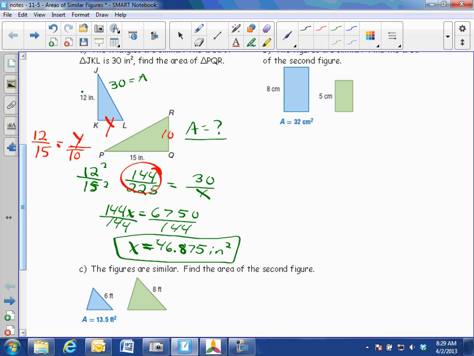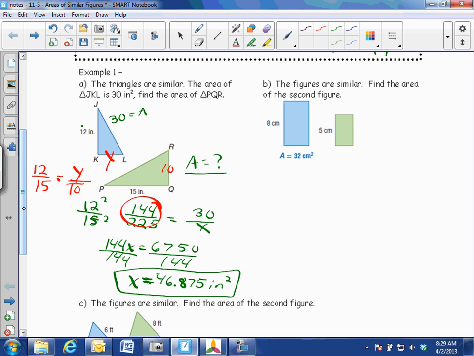Okay, let's try B. Says the figures are similar, find the area of the second figure. So they give us two sides. We're going to set up our scale factor. I always go left to right. What are we going to do next? Square the area. So 8 squared is? 5 squared is?